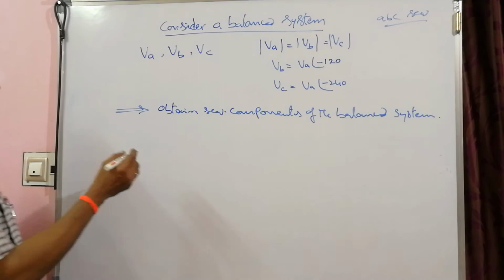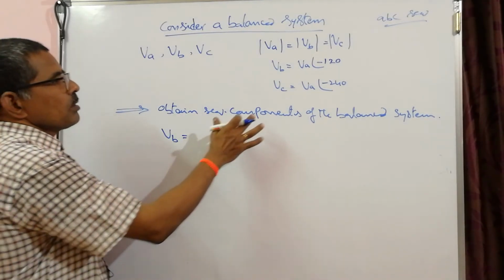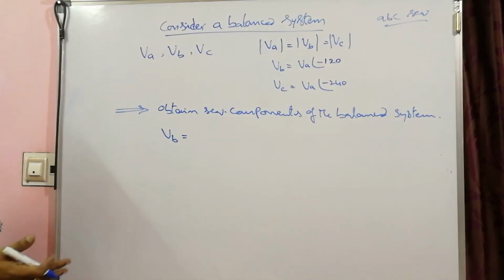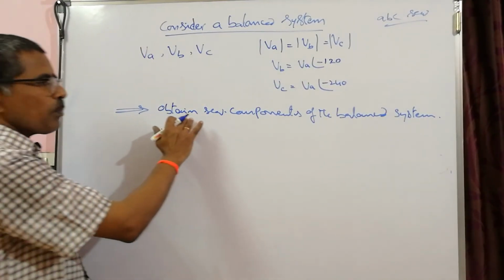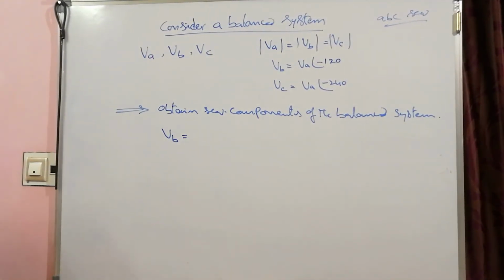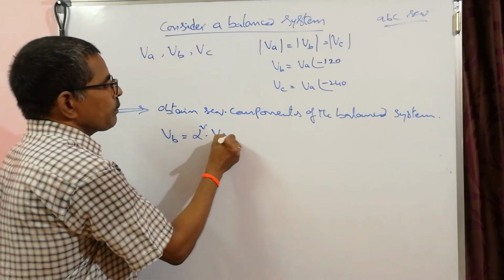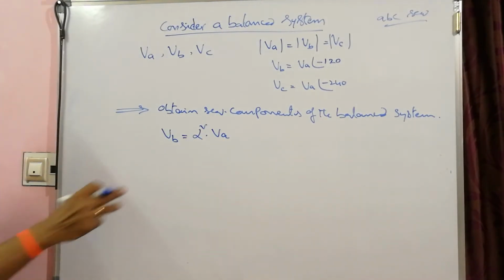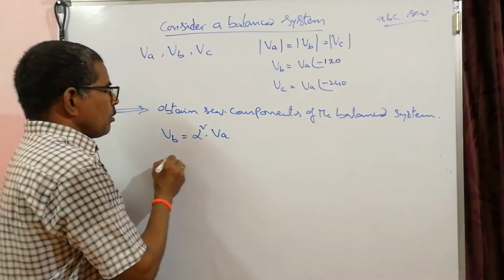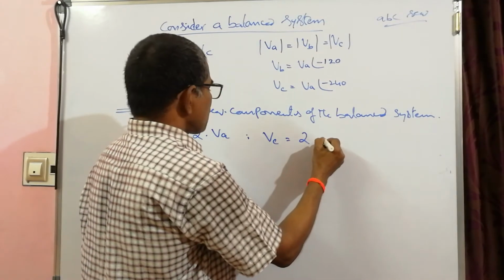Now, what is VB? For a balanced system, VB is VA angle minus 120, in terms of alpha, because we want to obtain the sequence components. VB is alpha square times VA, is it not? Because it is minus 120. Then what is VC? VC is alpha times VA.